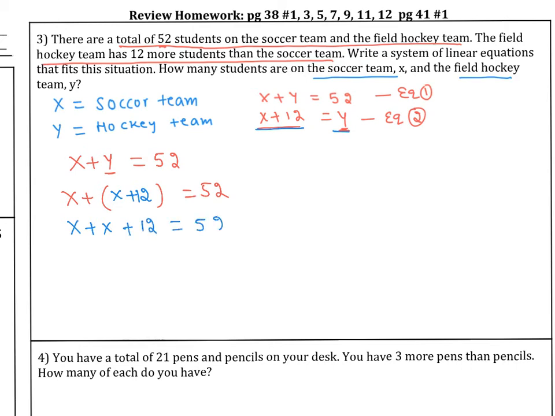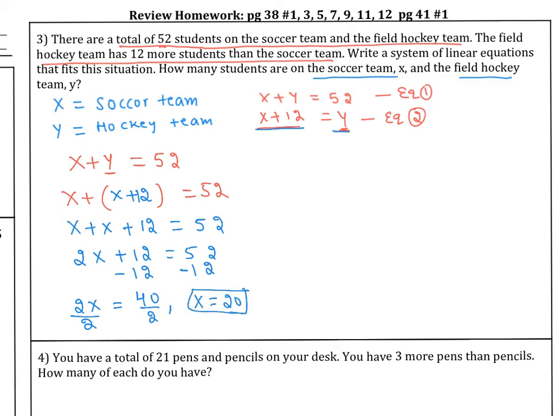Solve for x means the number of students for the soccer team. So you're going to subtract 12 on both sides. 2x will equal 40, and when you divide by 2 on both sides, x equals 20. So the number of students in the soccer team is 20.